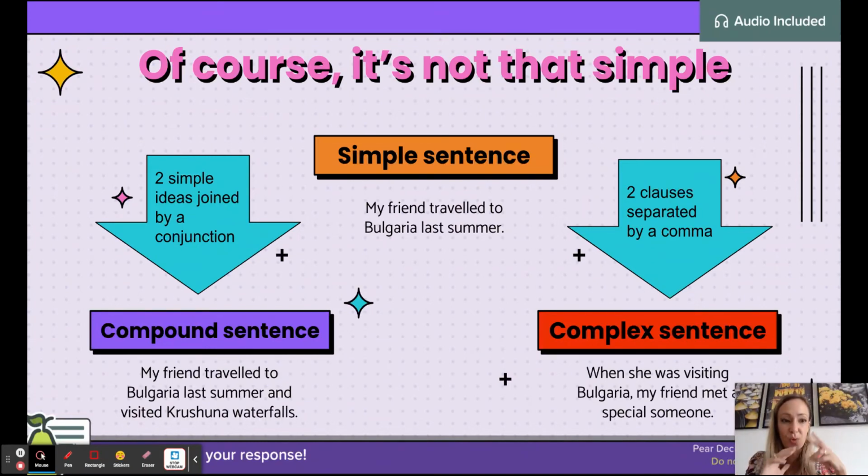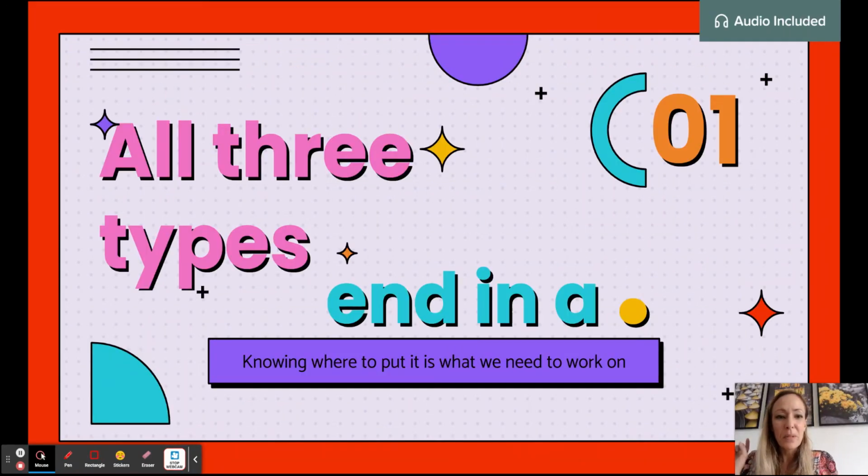Okay, so those are the three types of sentences we can have. All of them have those simple sentence basic foundations, and then compound and complex sentences build on that. All three types of sentences end in a period or a full stop.